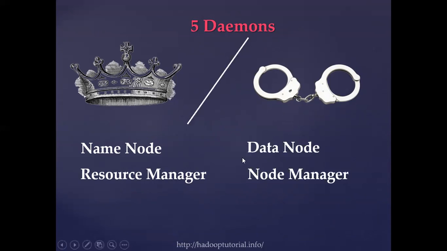But most of the time, these two services run on a single slave machine, on every single slave machine combined. But for the masters, you will have a dedicated machine for the name node and a dedicated separate machine for the resource manager. But these two services can be combined together in one single machine. Such slave machines can be multiple, any number. It can be hundreds, thousands also. 4,000 nodes also you can connect in a cluster.